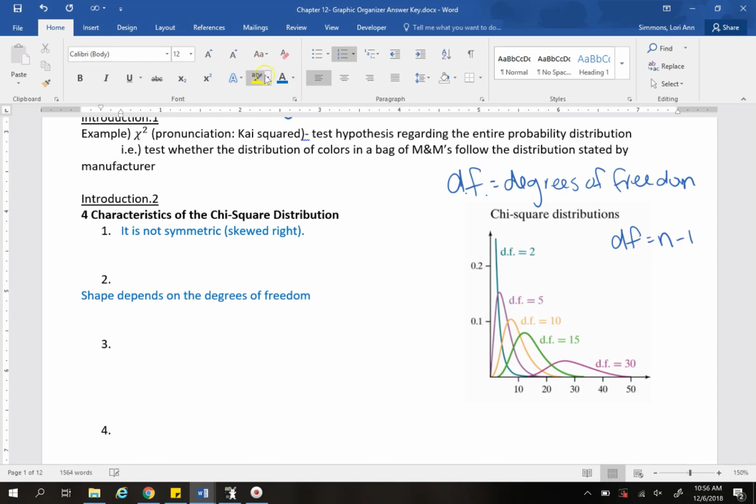As the number of degrees of freedom increases, what happens?